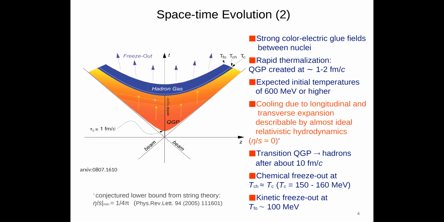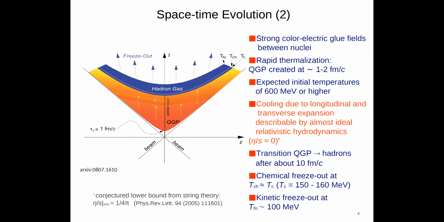After the hadronization occurs, eventually a time will come when all the inelastic scattering between the hadrons will stop. They will cease. This is known as the chemical freeze-out. The system can still expand and there may be interactions, but these will be elastic interactions. What does that mean? Inelastic interactions are the interactions where new particles are produced, whereas in an elastic interaction, no new particle will be produced.